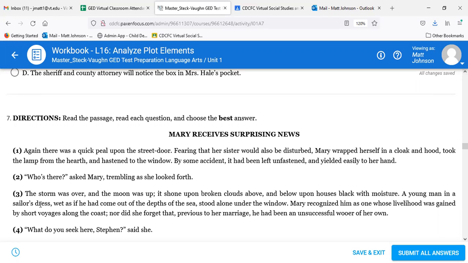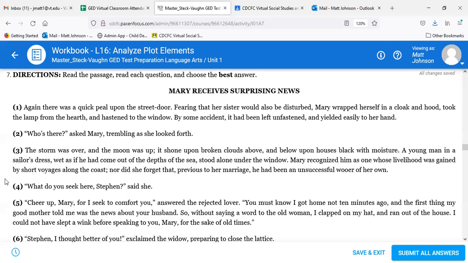Christiana, you want to read number 2? Okay. Who is there? Asked Mary, trembling as she looked forth. Grace, you want to take 3? Okay. The storm was over and the moon was up. It shone up broken clouds above and below upon houses black with moisture.